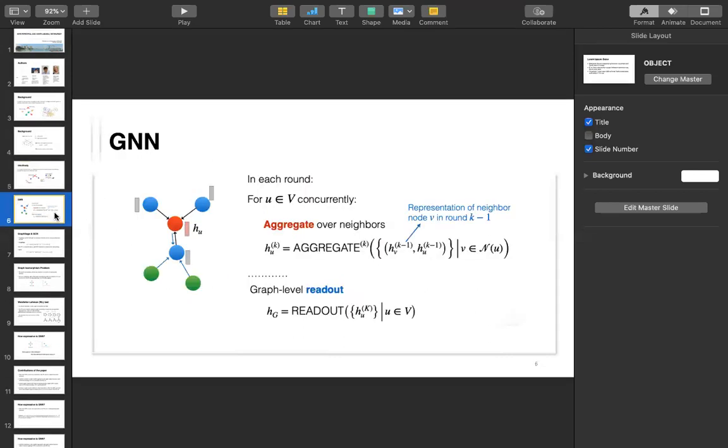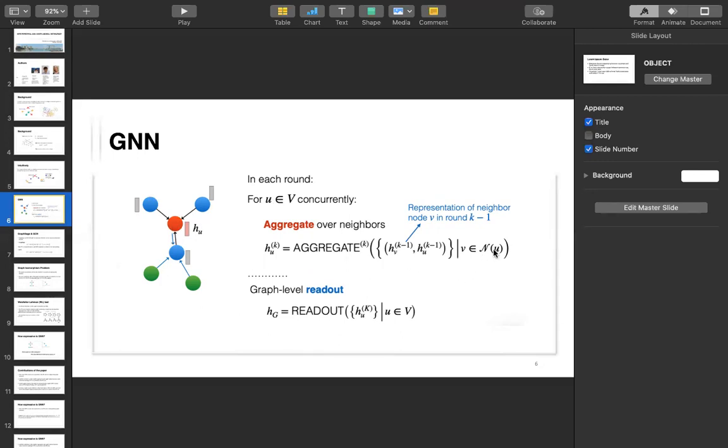Okay. So to put the definition more formally, we see the formula here. Here is an example of the graph, and if we want to aggregate the information from the neighboring nodes for this red node, then we use this formula to collect the information.